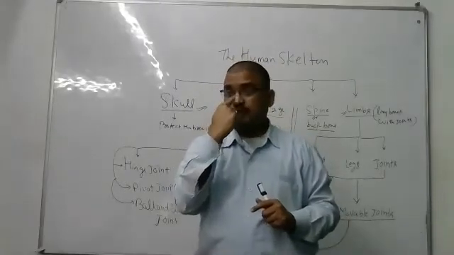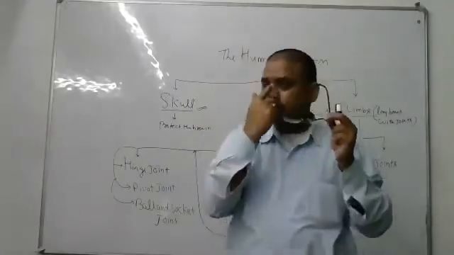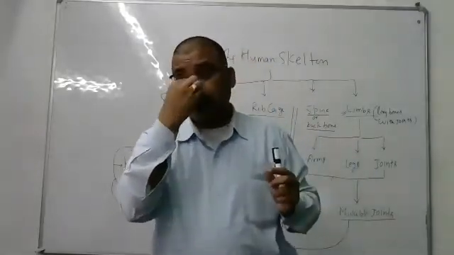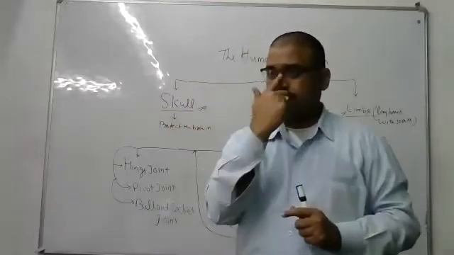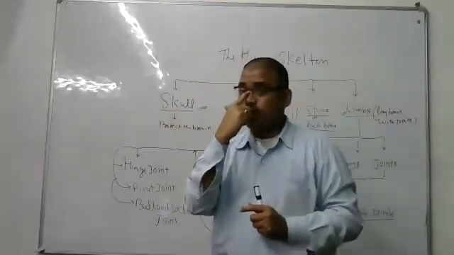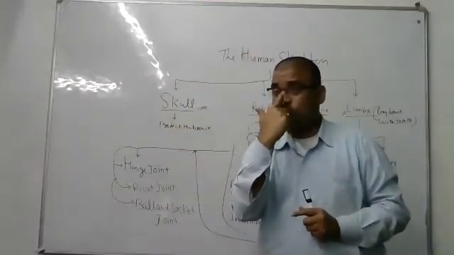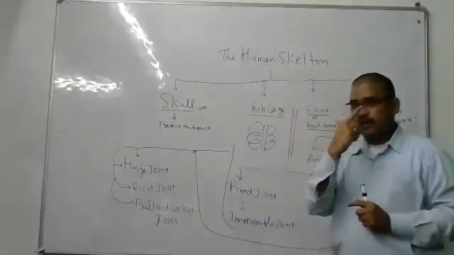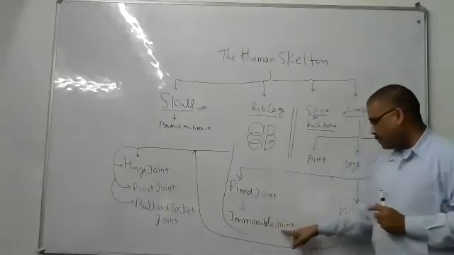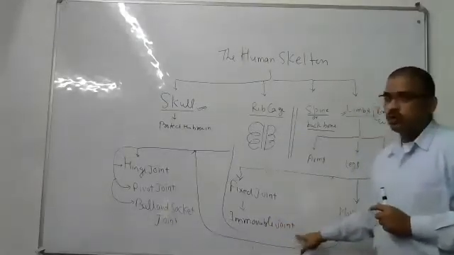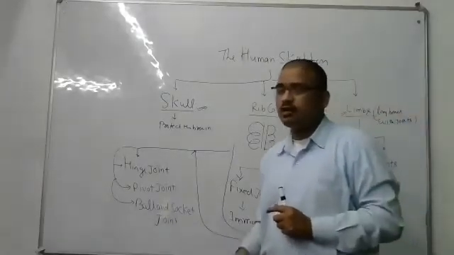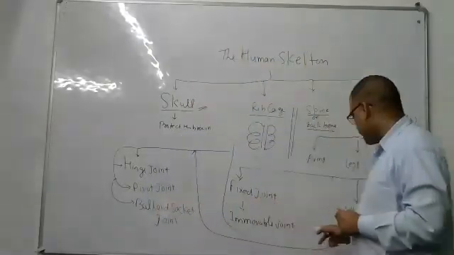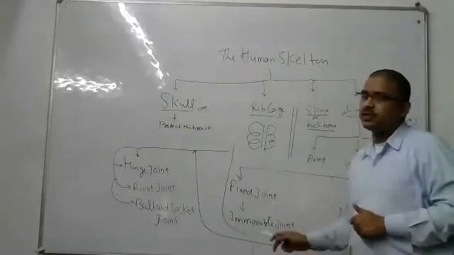The nose, the upper nose part, is also a rigid bone. So these are called immovable joints, also known as fixed joints.